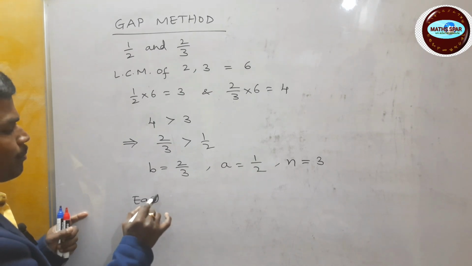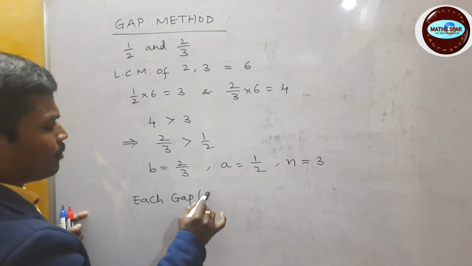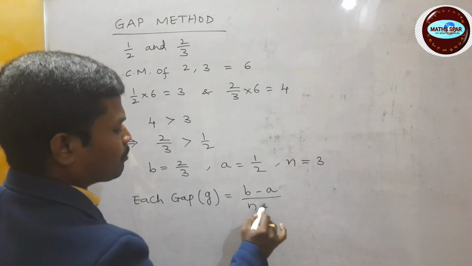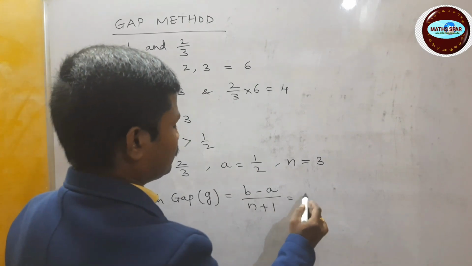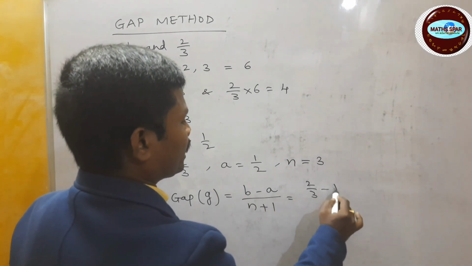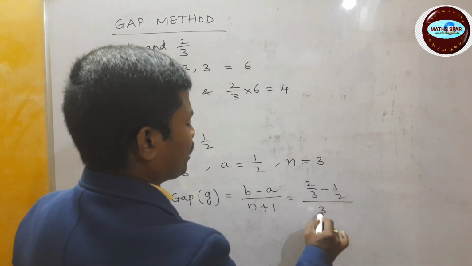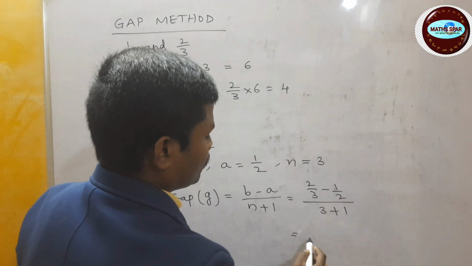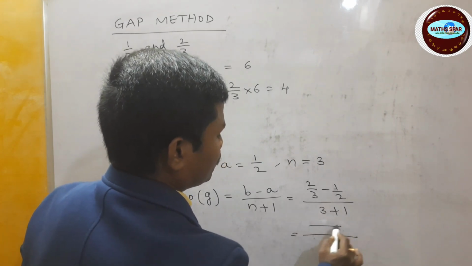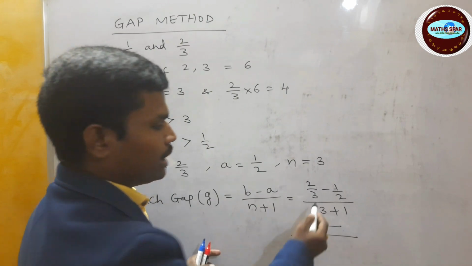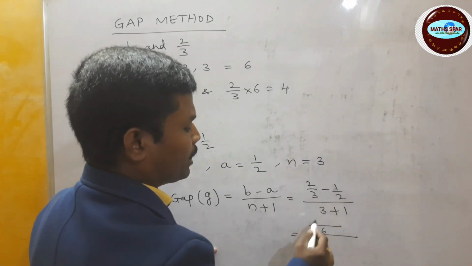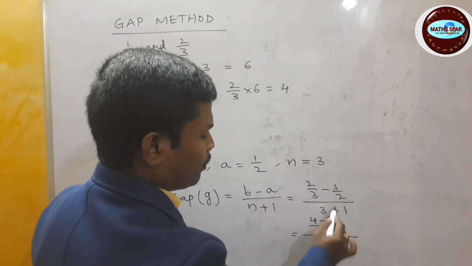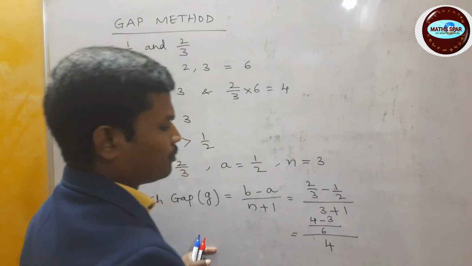Then each gap, which is small g, is B minus A divided by n plus 1, that is 2 by 3 minus 1 by 2, whole divided by 3 plus 1. This can be written with 6, the LCM of both the denominators, in the numerator: 4 minus 3, then in the denominator 4.